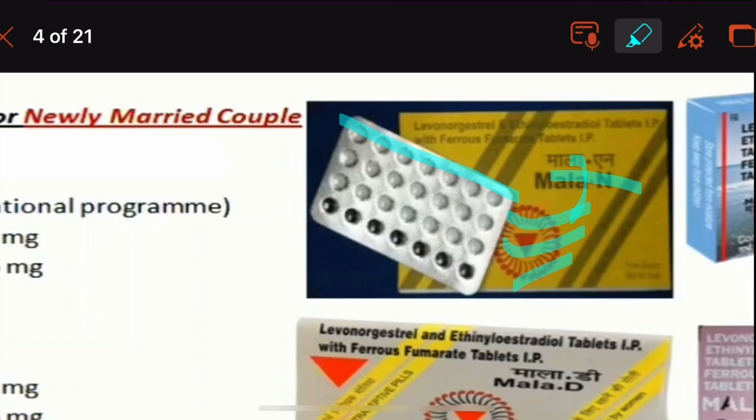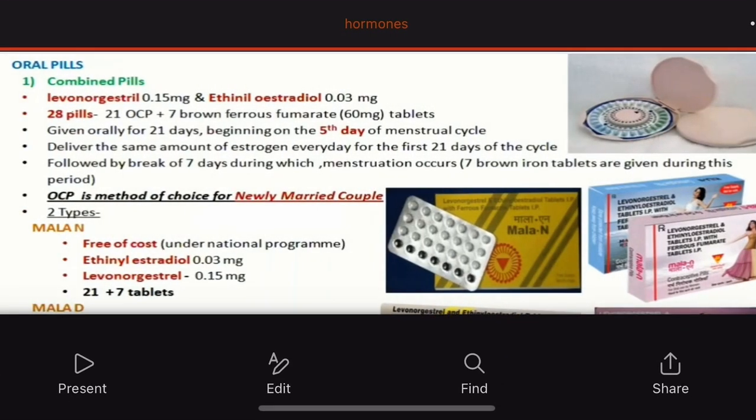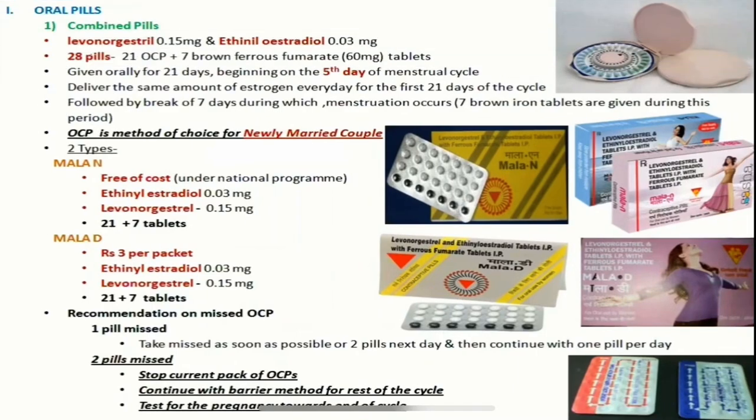So 3 rows make 21 pills, plus these 7 are iron tablets. The 21 tablets are given orally for 21 consecutive days beginning on the 5th day of the menstrual cycle. So this OCP has to be given for 21 days.